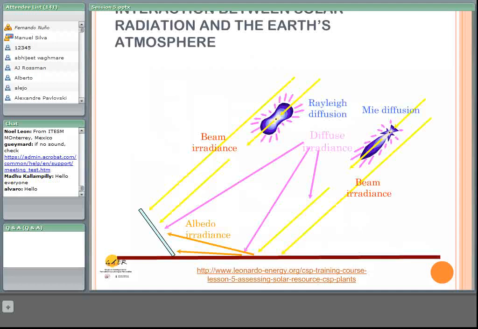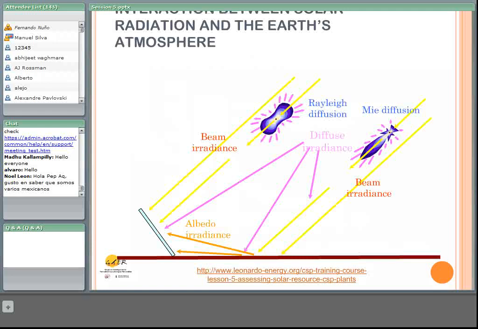When the solar radiation interacts with the atmosphere, there are different processes, Rayleigh and Mie diffusion processes, and also absorption by the components of the atmosphere. So the solar radiation undergoes some transformations.